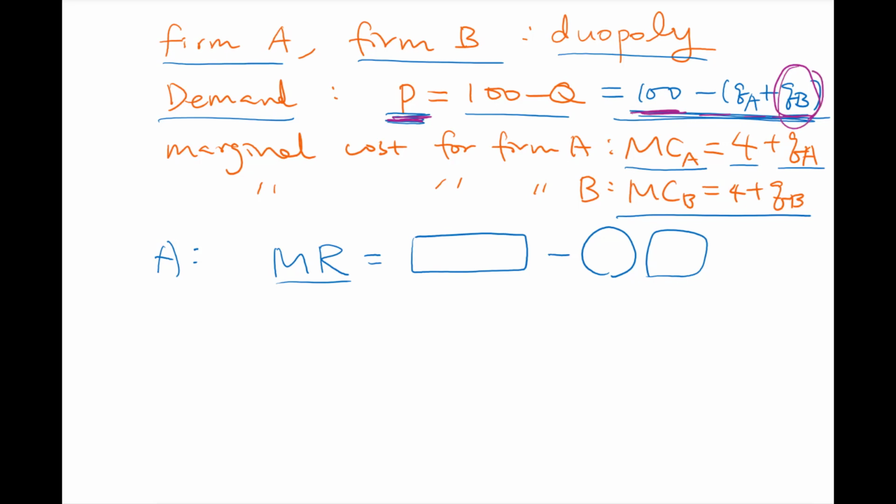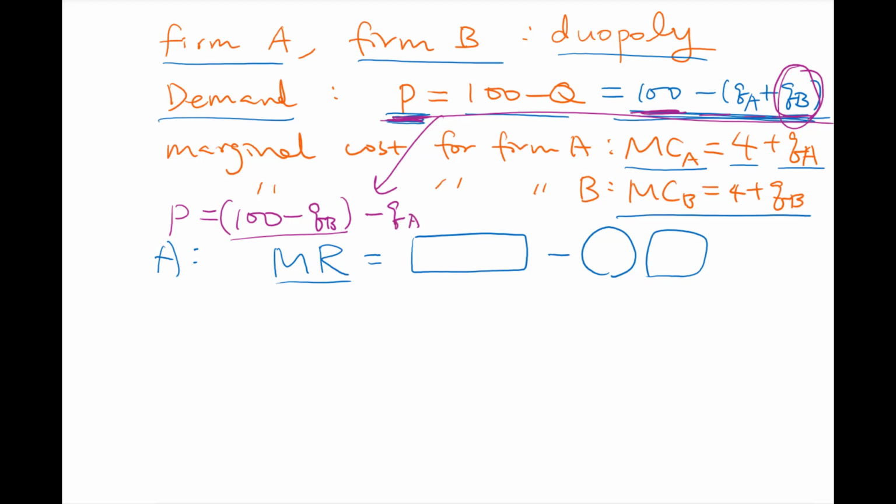So this inverse demand function is written as P equals 100 minus QB, which is a constant from the view of company A, minus QA.